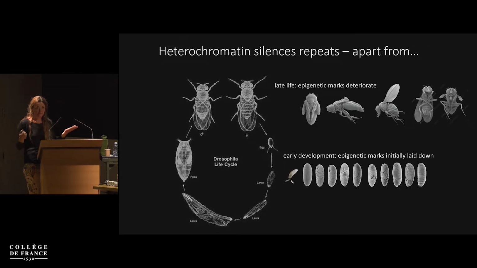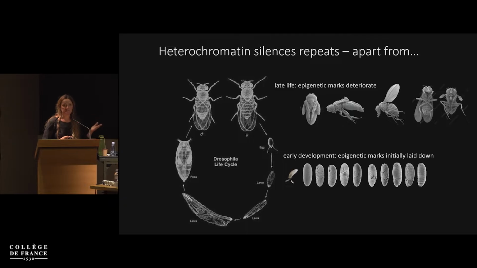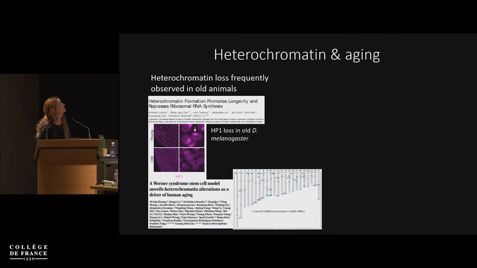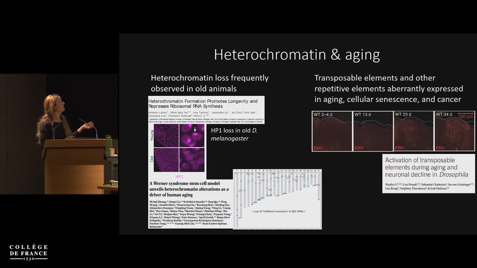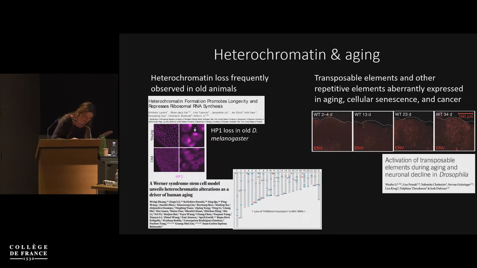So it has been shown that late in life in many organisms, heterochromatin starts to deteriorate, and this has been shown across animals. Like heterochromatin loss has been found in humans, it has been found in yeast, it has been found in Drosophila, and concordant, as I mentioned, heterochromatin is used to epigenetically silence repetitive DNA.